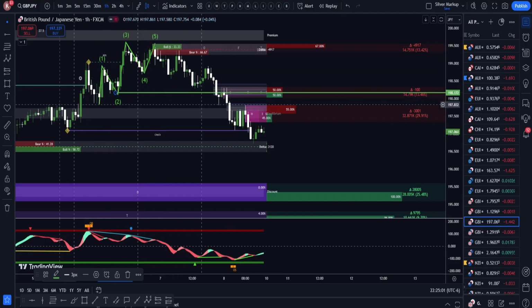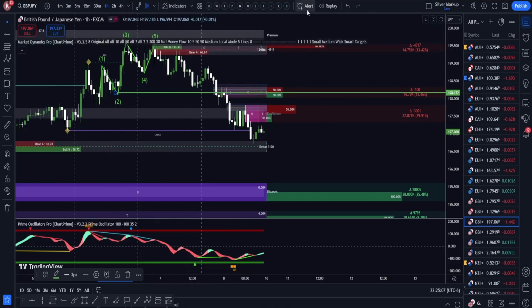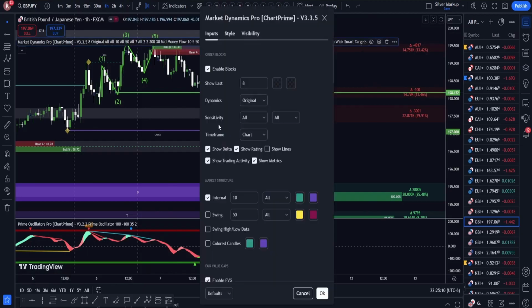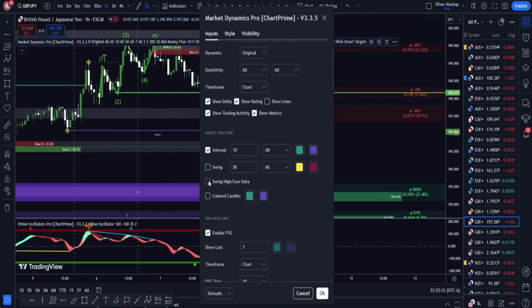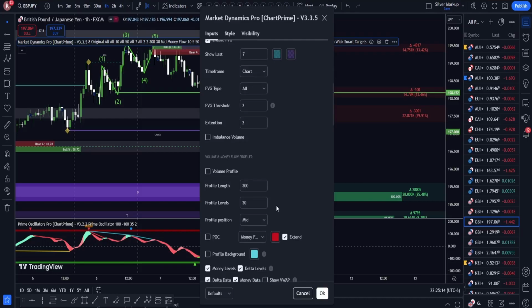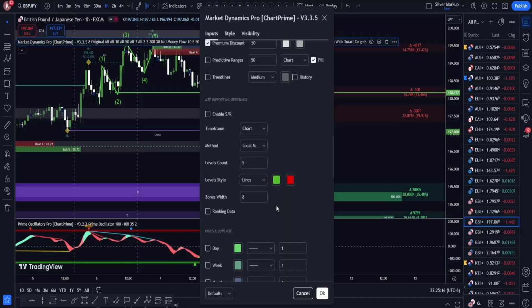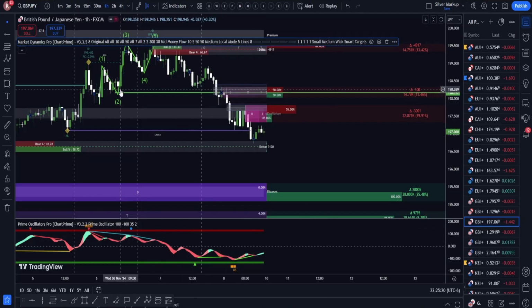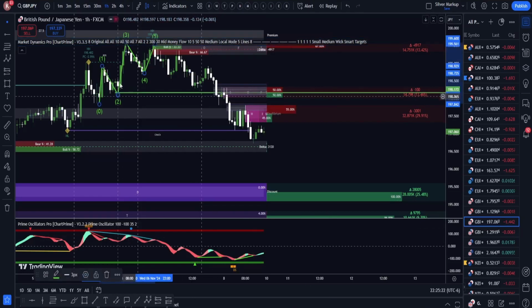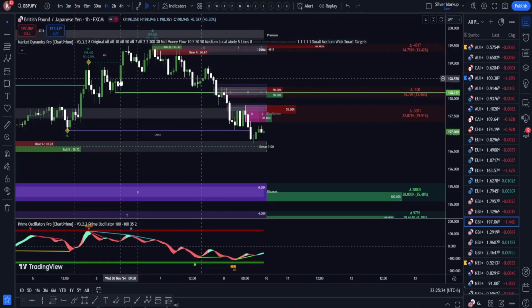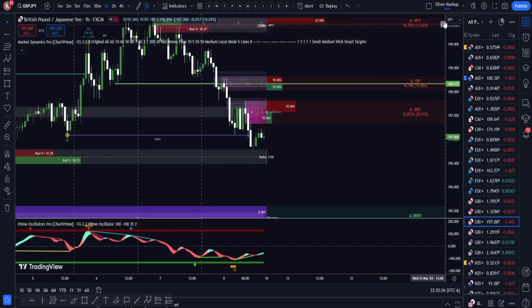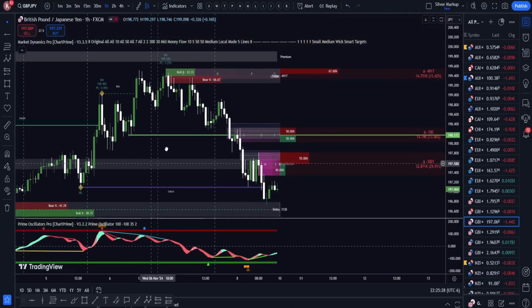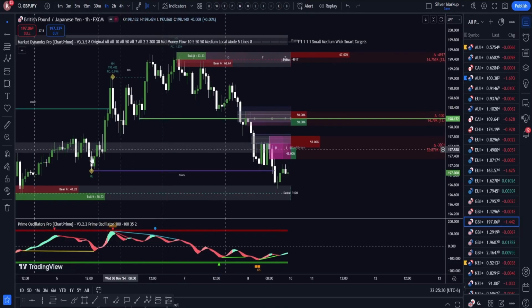If I wanted Chart Prime to do that for me, instead of me doing that, you can actually have Chart Prime do the highs and lows. So swing high, swing low data, you can have that enabled. And now it'll start to show me where the swing highs and swing lows were.